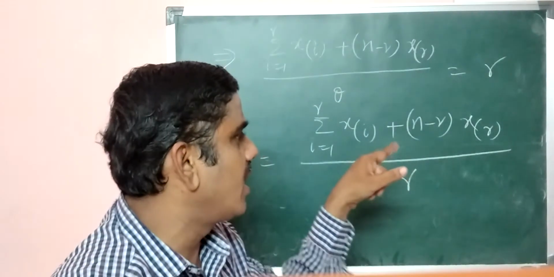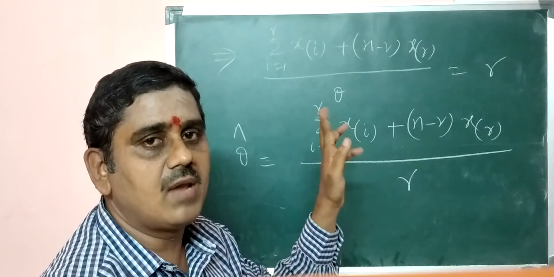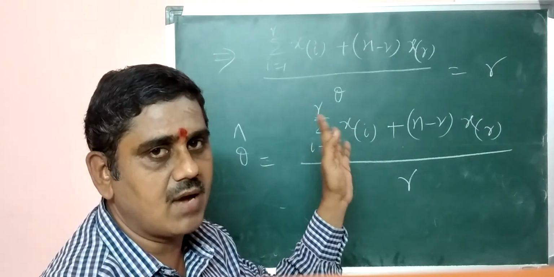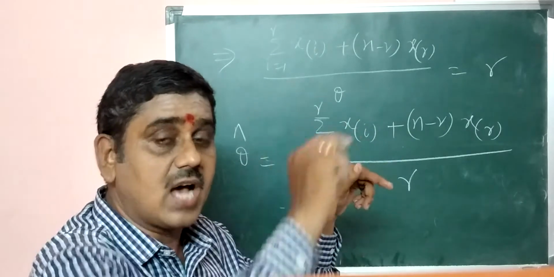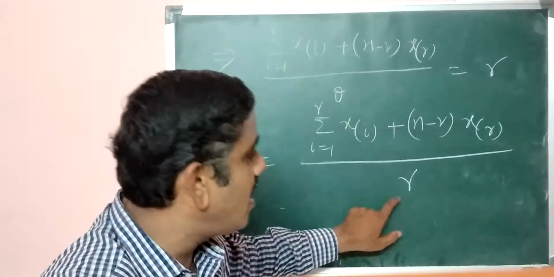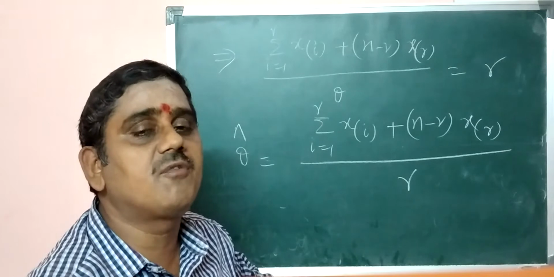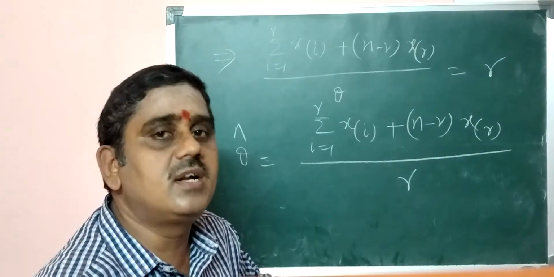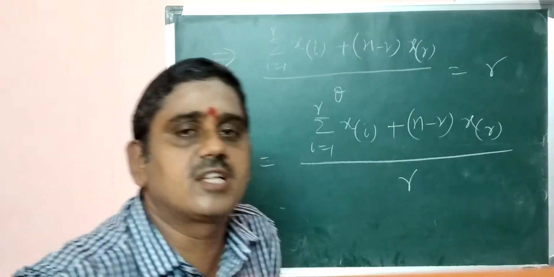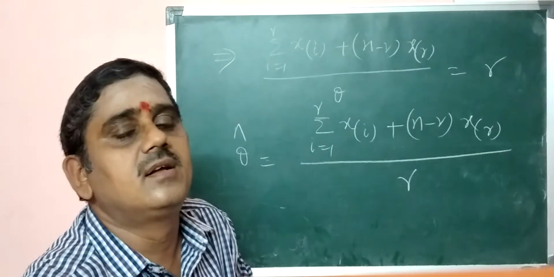For example, n is 10 items, r is 3 items, n minus r is 10 minus 3, which is 7. 7 multiplied by xr, the lifetime of the highest time period considered, divided by r. That is the estimation of the population parameter theta of the exponential distribution.